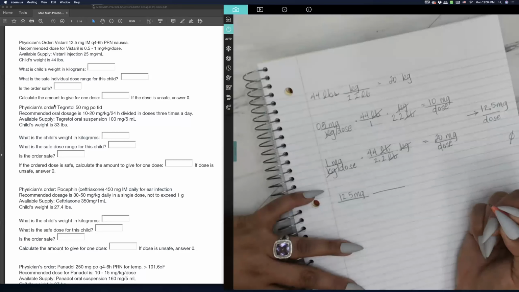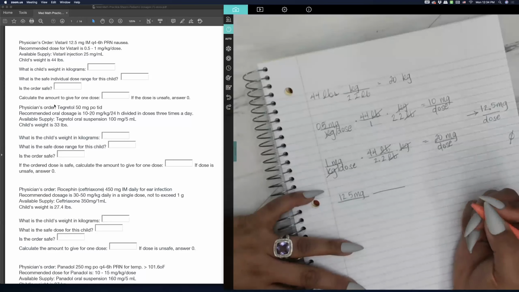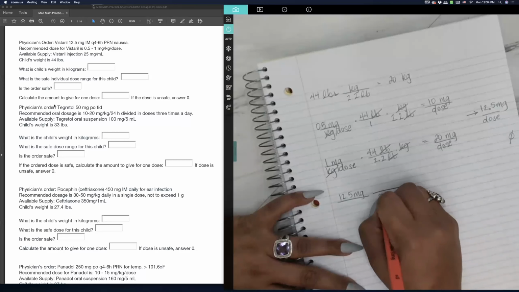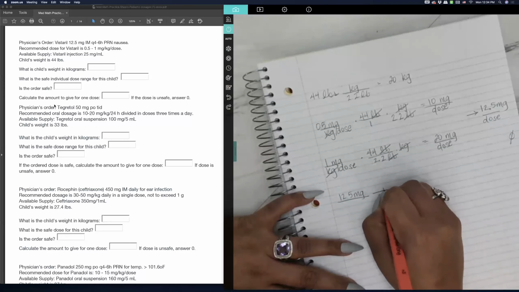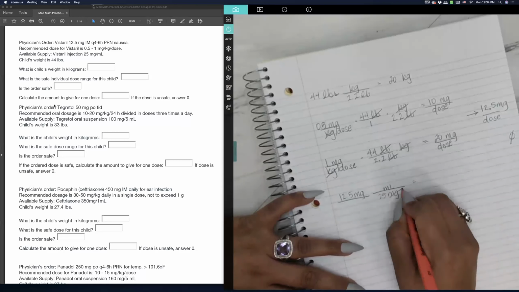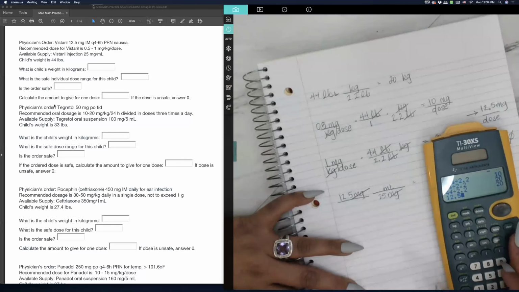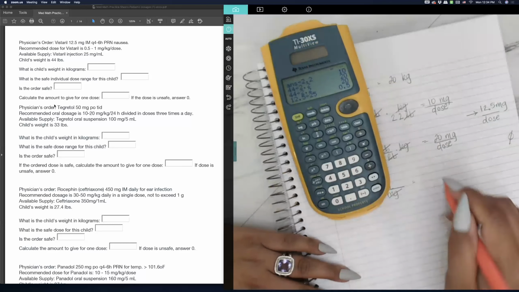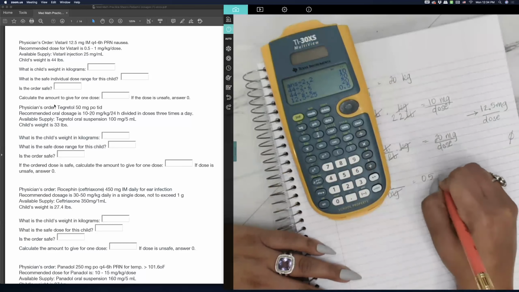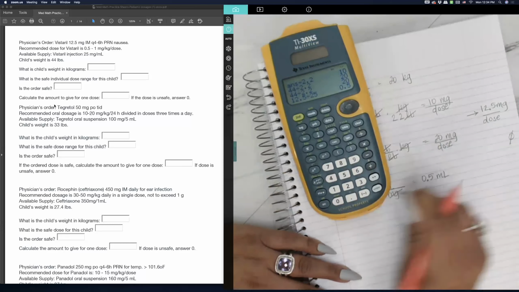Our dosage strength or available supply is 25 milligrams per milliliter. So our unit of milligrams is going to cancel. 12.5 divided by 25 is going to give us 0.5 milliliters. So 0.5 milliliters.